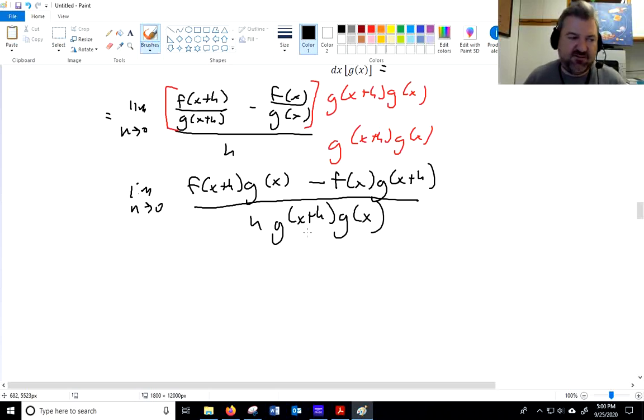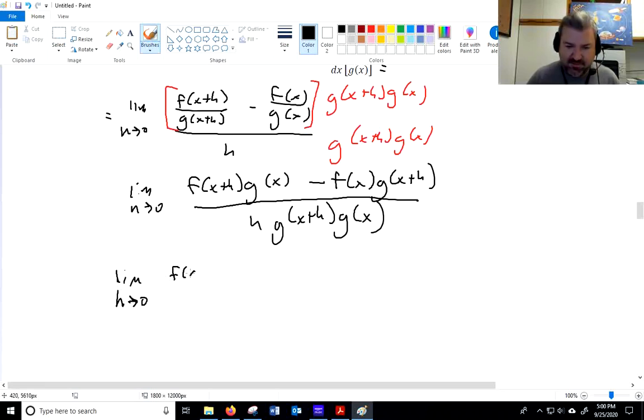This is actually not too far from what we need. But for example, this f of x plus h, if I just had an f of x here alone, I could do it. So I'm going to do something clever. Again, not so much because I'm clever, but because someone else told me to do this.